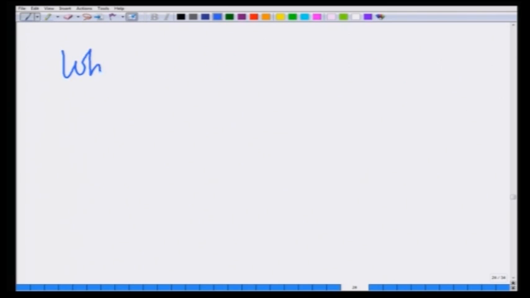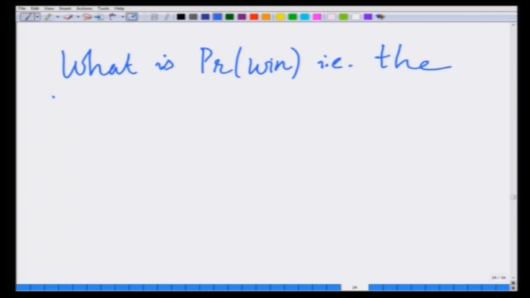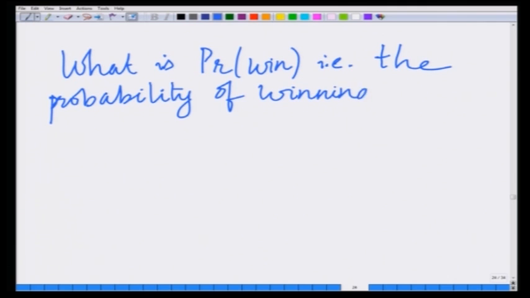What is PR win, that is, the probability of winning the auction? Remember, to win the auction, the bid B must be greater than or equal to bid B2 of player 2, but remember we had assumed B2 is equal to half V2.